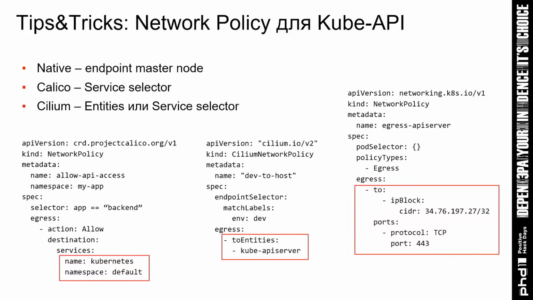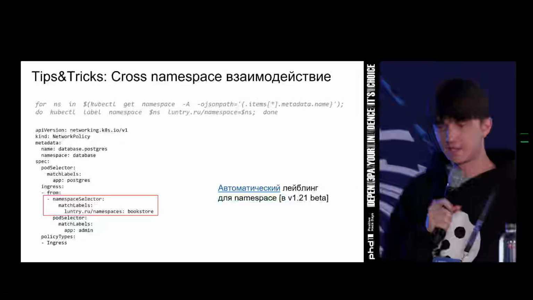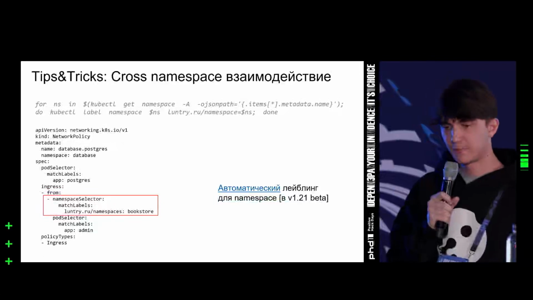So in a native network policy, you need to know for a fact where your Kube API is, and you should write egress rules according to its address and port. In custom network policies, in Calico in particular, we can just name a service, and Calico would know that it's Kube API, and you can talk to it. In Cilium, there is a separate Kube API instance, and we just name it explicitly, and it works.